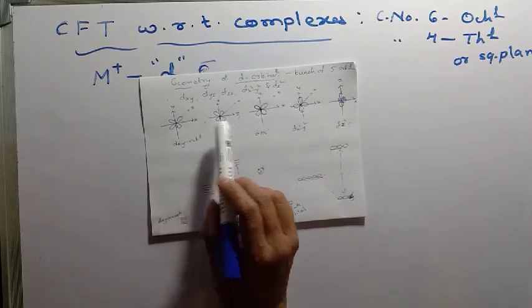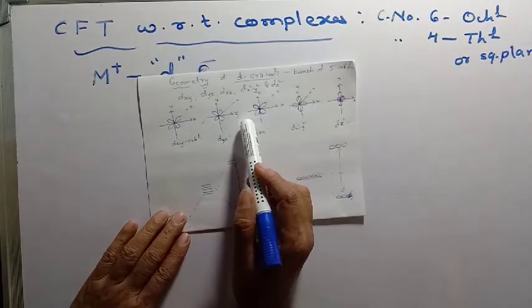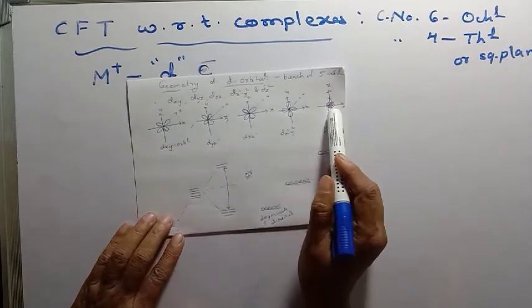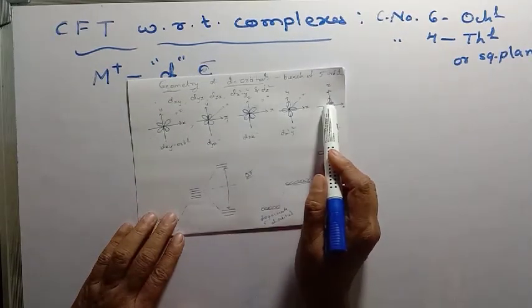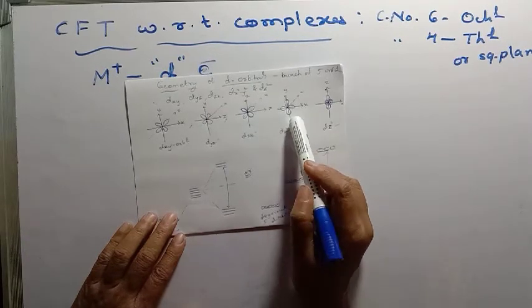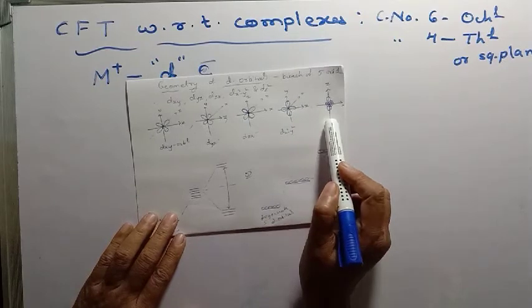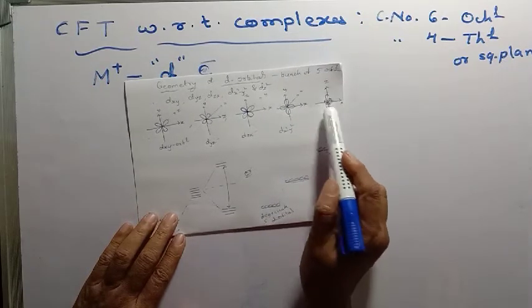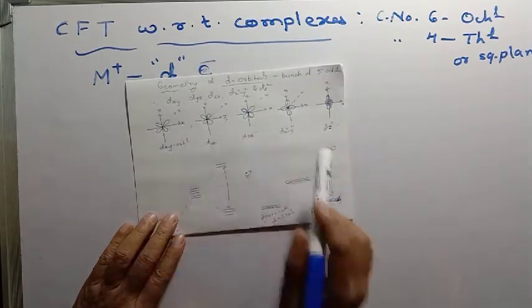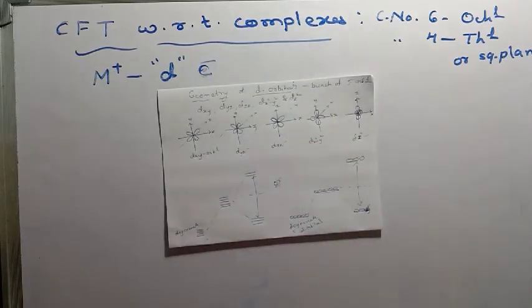The first three have lobes oriented in between the axes, and in the next two the lobes are oriented along the axes. In dx square minus y square, there are four lobes, double dumbbell shape, and in the last one it is a dumbbell shape, only two lobes are there. So this is about the geometry or orientation of d orbitals.